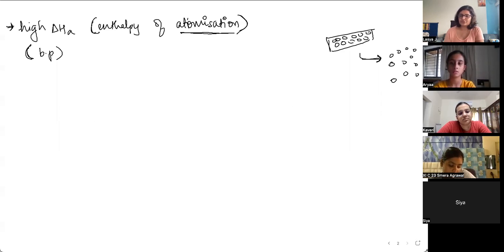Okay. So based on this, can you tell me what could be the trend of enthalpy of atomization in d block? Here also the principle is the same. You're breaking this interatomic metallic bonding.